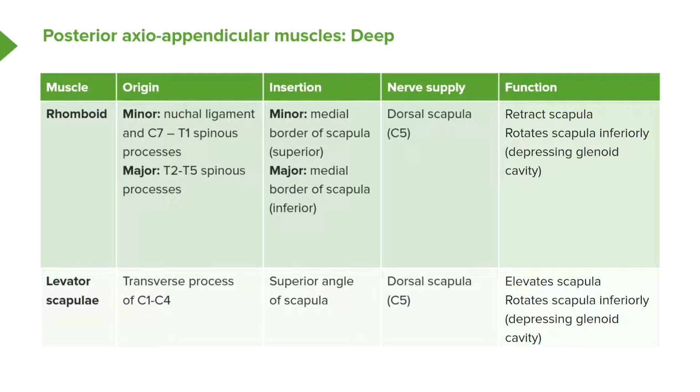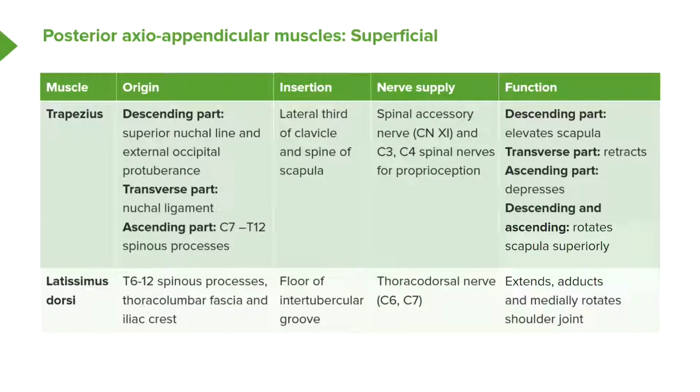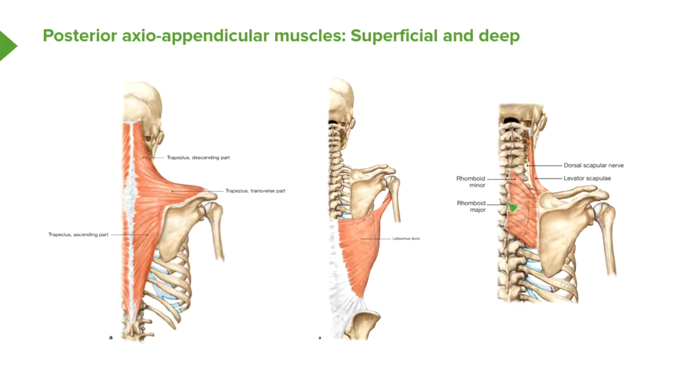If we then look to the deeper muscles, we can see we've got two rhomboid muscles, minor and major, and levator scapulae. And we just go back to the previous slide to see these. Here we can see rhomboid muscles running from the spinous processes of the cervical and thoracic vertebra, and they pass towards the medial border of the scapula.